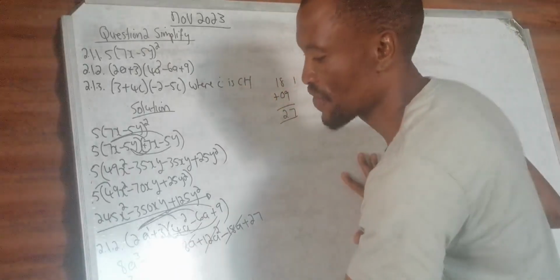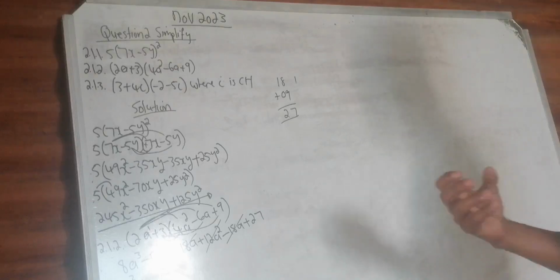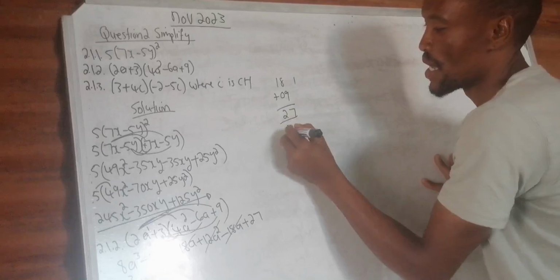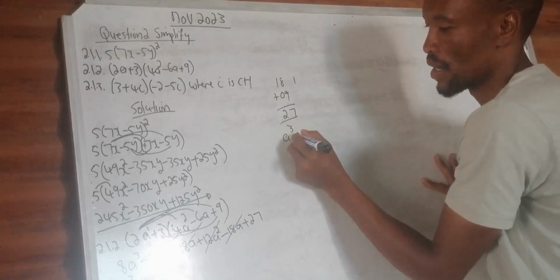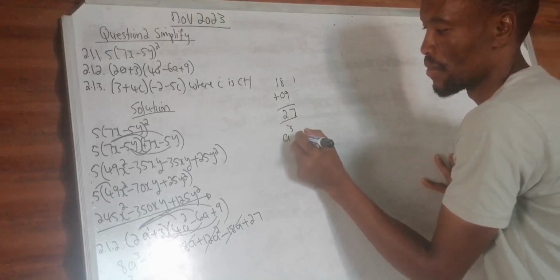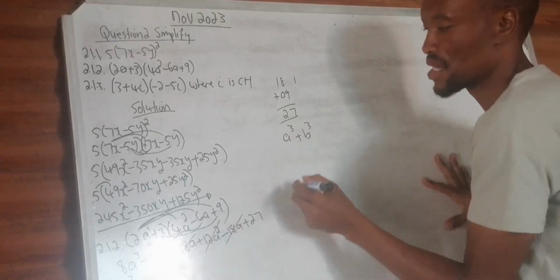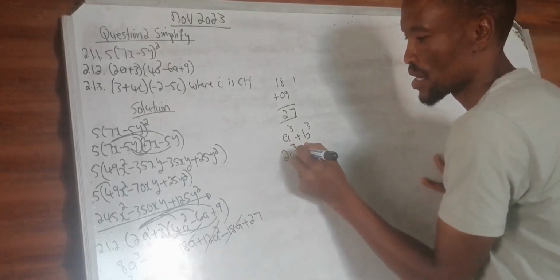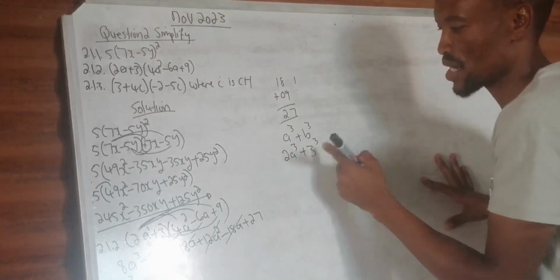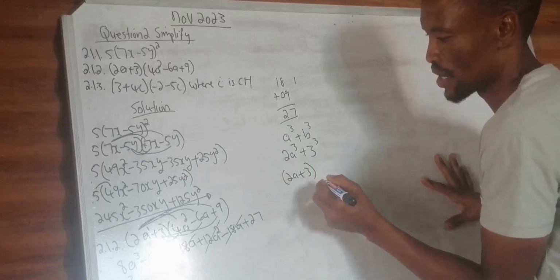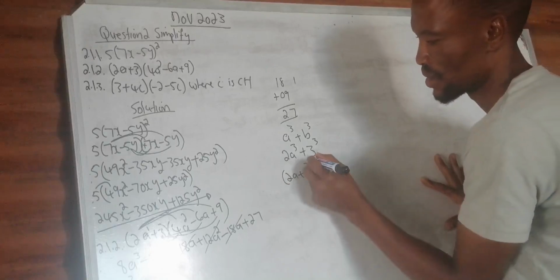This is a sum of two cubes, a trinomial of the form a cubed plus b cubed. In this case, 2a cubed plus 3 to the exponent 3. So it is 2a plus 3, all to the power 3.